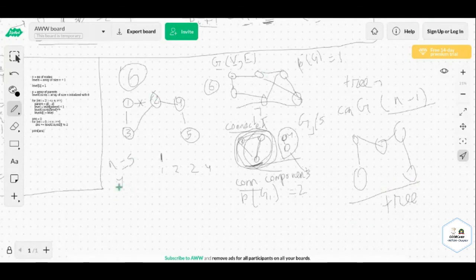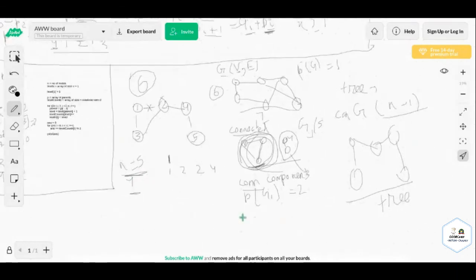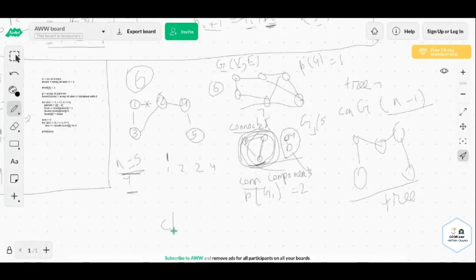So in our question we are also given n nodes and n minus 1 edges, right? What does this mean? That the number of closed roads will equal the number of open roads. Right? Okay.